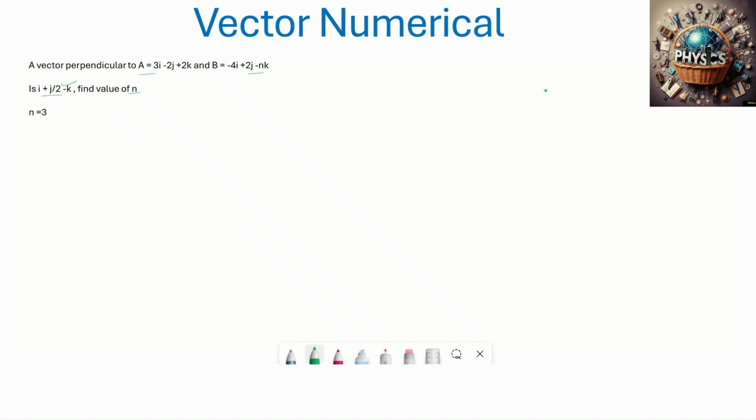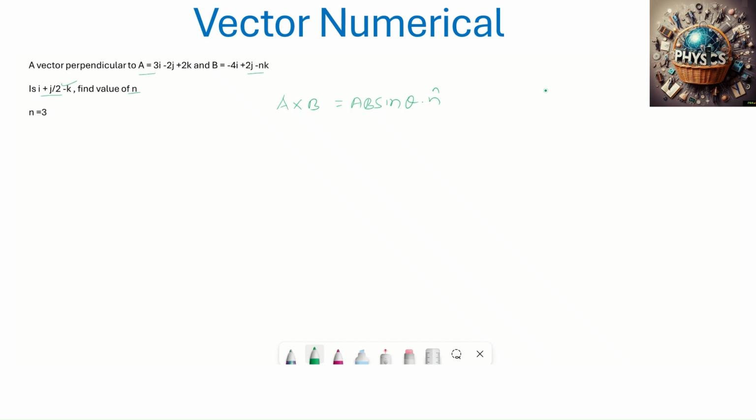So we know that when we do a cross product of two vectors, we get a vector which has some magnitude and is perpendicular to the plane containing both the vectors. So if we do A cross B, we get AB sin theta into n cap.